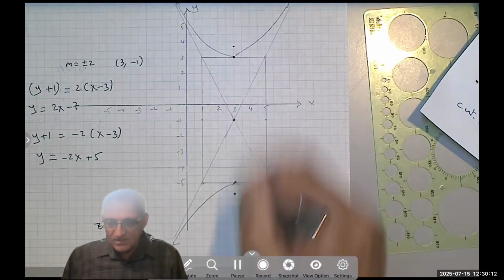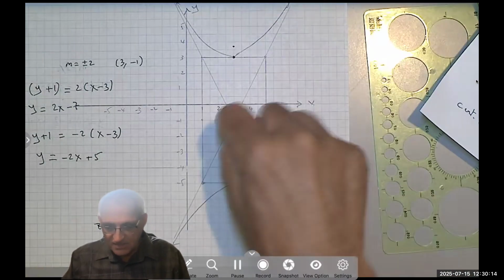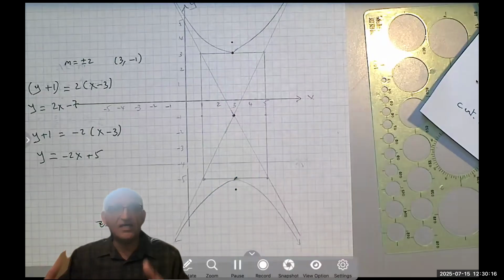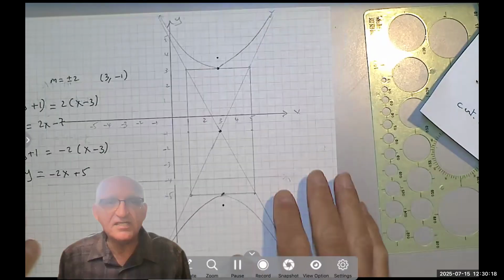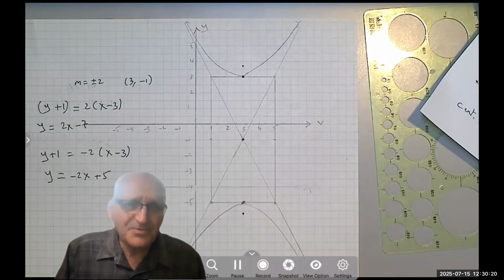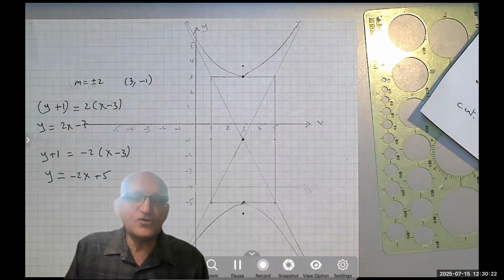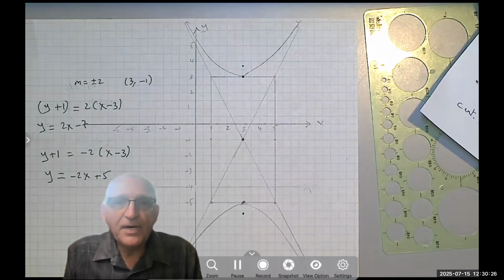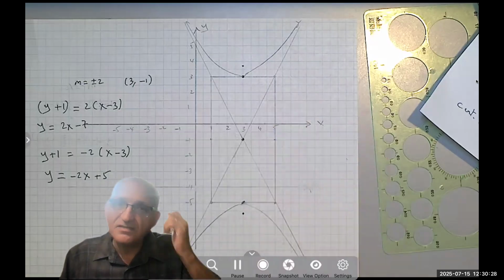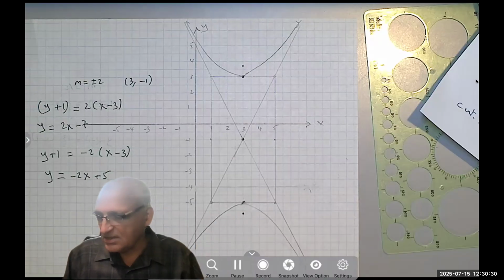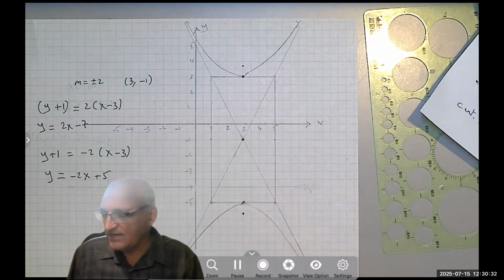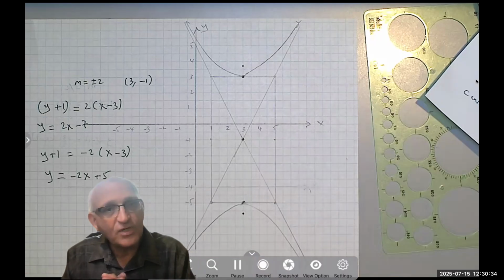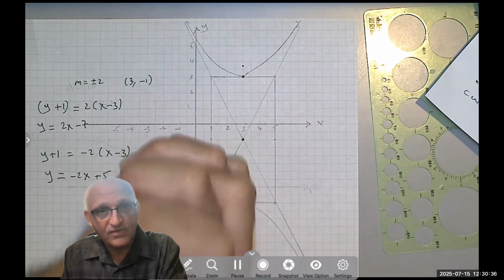We have the center, we have the two vertices, and we have the asymptotes, so it's very easy to plot. That's pretty much the most involved or complicated conic section of the four, but as you can see, it's not hard. It's really just identifying A and B. You have the equation A squared plus B squared equals C squared for that.